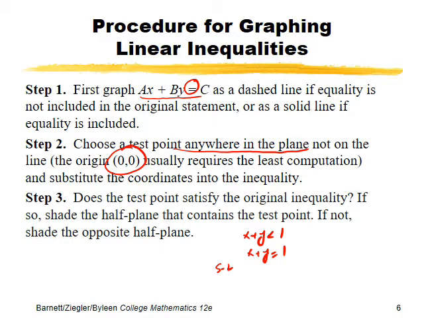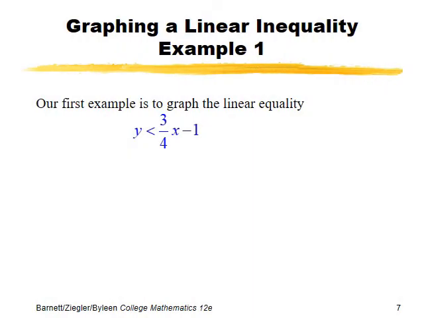So 0 plus 0 compared with 1: when you substitute 0, 0 into the inequality, 0 is less than 1, which means it is true. So the side which contains the test point, that half plane, would be our solution region. You can see it here.